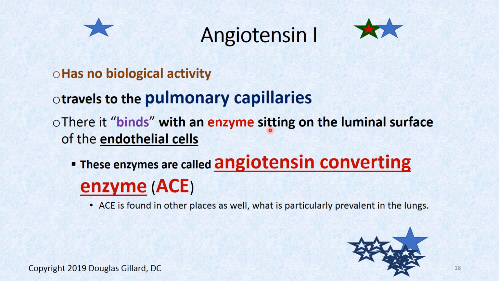So ACE is an enzyme which sits on the endothelial cells along with other things like the receptors that grab cholesterol and things like that. The endothelial cells are quite busy, but especially in the lungs, and it's in other places too, not just the lungs, but in the lungs, they're really heavy with these ACE enzymes that sit on the endothelial cells.